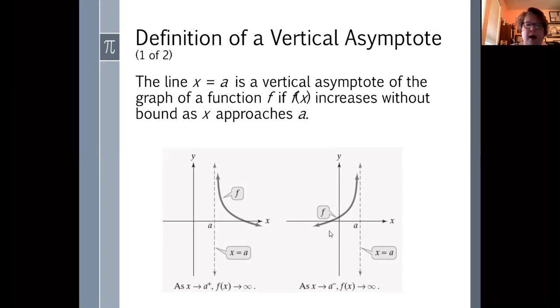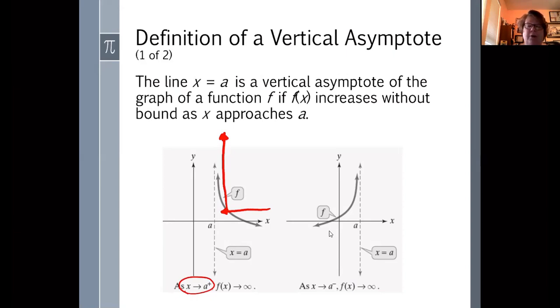In this first graph, we can see that as x approaches this vertical line from the positive direction, the value of my function increases without bound. As x comes from the positive direction and approaches that line, the graph just takes off to positive infinity.